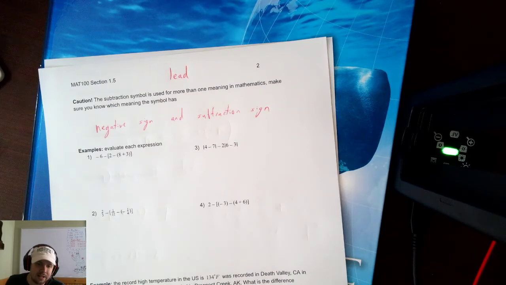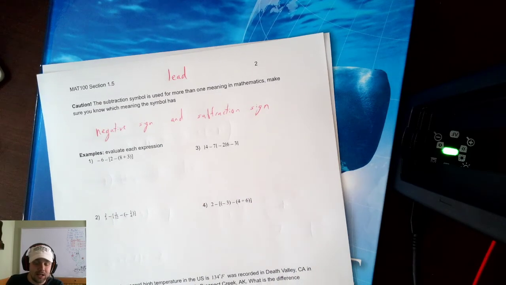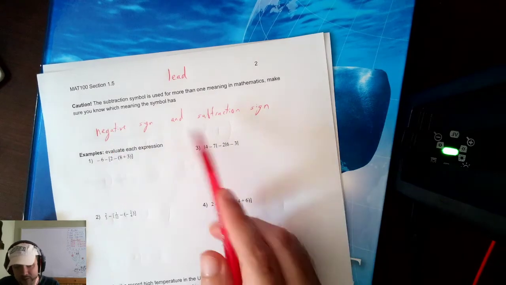If it says, the kindergarten teacher led her students in song, you would know it's led, the past tense of lead, right? And if I say that the governor leads our state, then I know I'm using the word lead. The context clues. Same for negatives and subtractions.